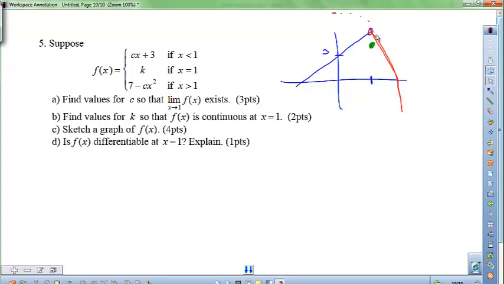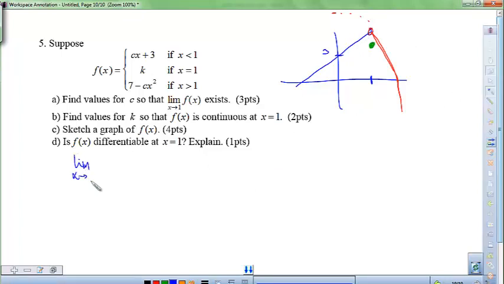So the limit has to exist if the value coming from one side is the same as the value coming from the other side. So the limit as x approaches 1 from the negative side of your function. According to the piecewise function, negative side means all values less than 1, so we're going to be using cx plus 3.